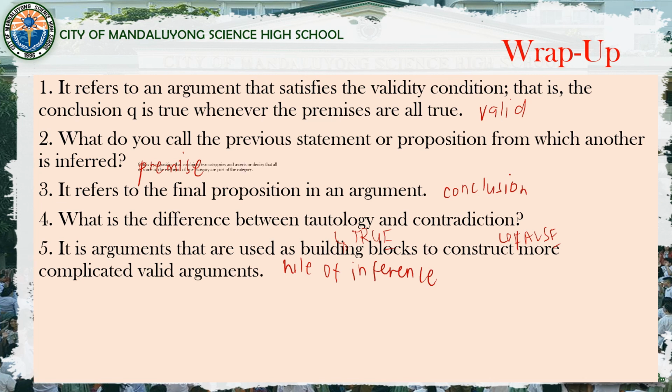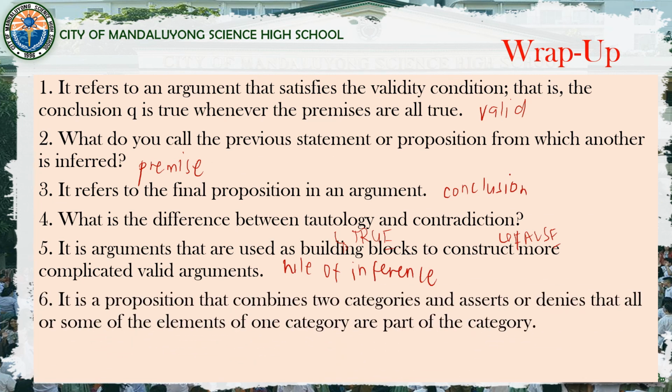Okay, sumunod. It is a proposition that combines two categories and asserts or denies that all or some of the elements of one category are part of the other category. So, dito may clue na kayo eh. Categories, ayan. Tama. Ang tamang sagot dyan ay Categorical Syllogism.